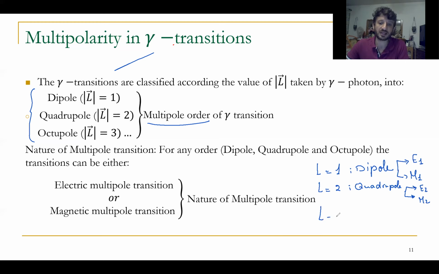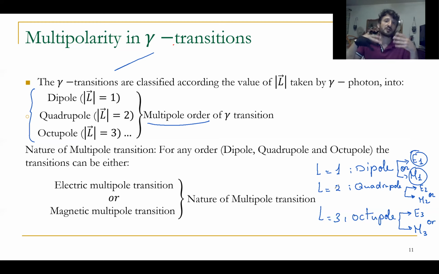The same for L equals 3. Here we have an octupole transition. It can be an electric octupole transition or a magnetic octupole transition. Each time we have "or". So for example, for L equals 1, it can be E1 or M1. The same for L equals 2 and L equals 3.